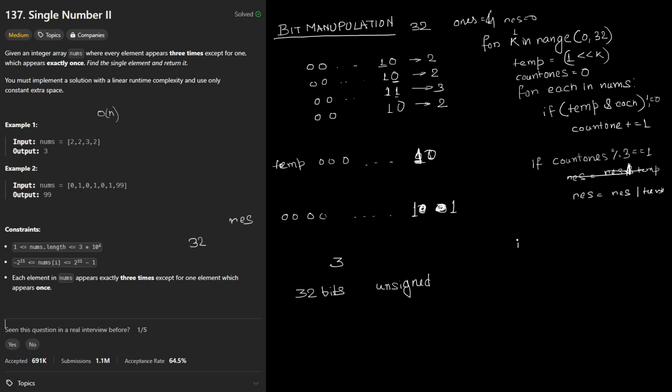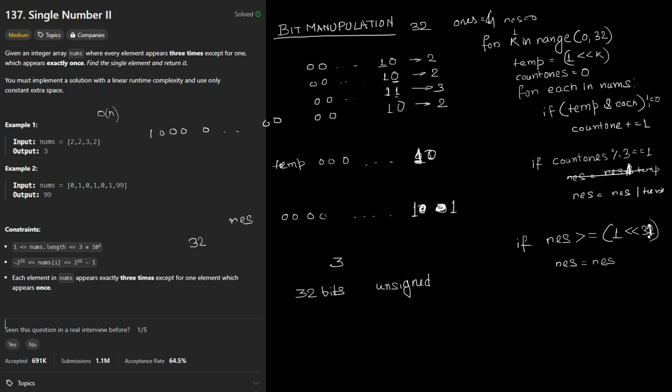So I can check if the result is greater than or equal to 1 to the power 32, or I can say 1 shifted by 32 bits. If I shift 1 by 32, it would be 1 0 0 0 0 0. In that case I can do result equal to result minus 1 shifted to 31.